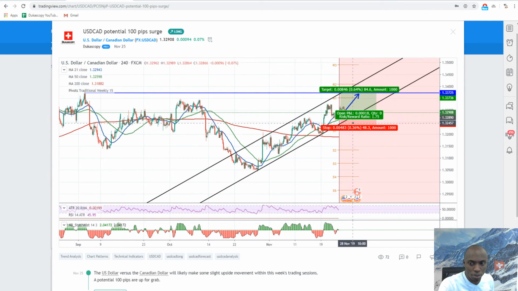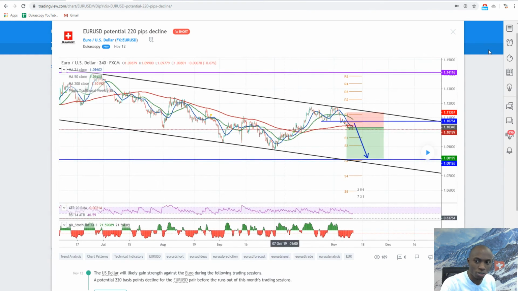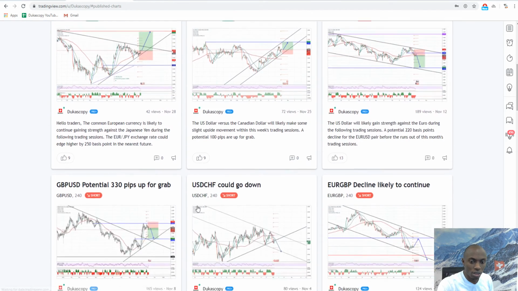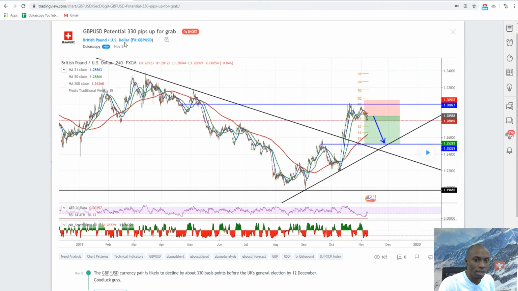It was moving up, it reversed, and is currently trading closer to the lower boundary of an ascending channel. The same with the Euro USD, potential 220 pips decline. That was my projection. And going further, British pounds US dollars, potential 330 pips up for grabs.